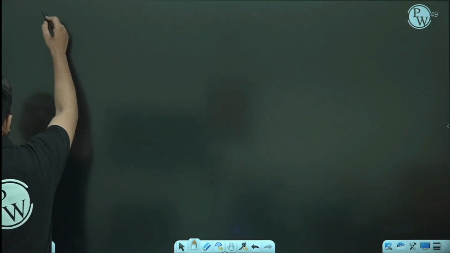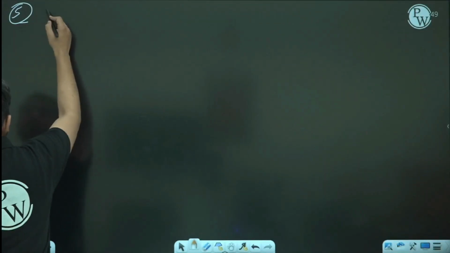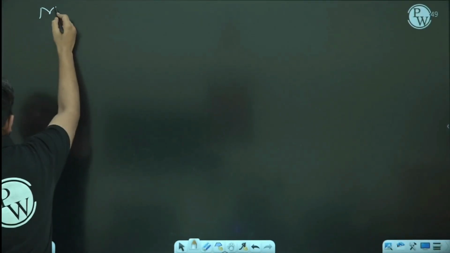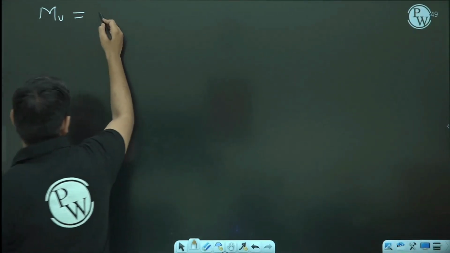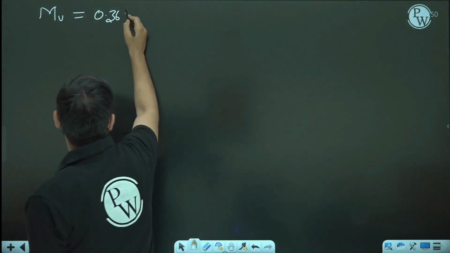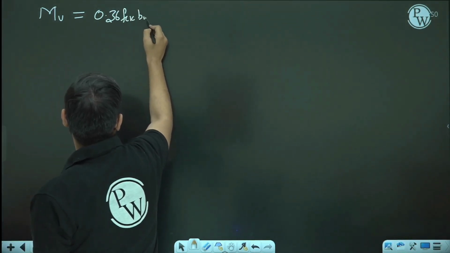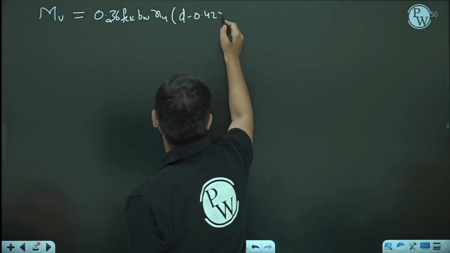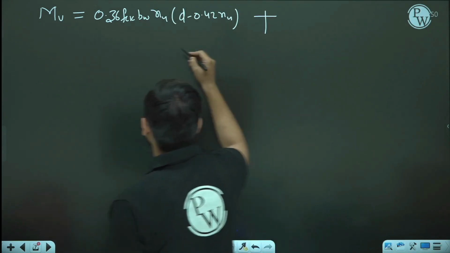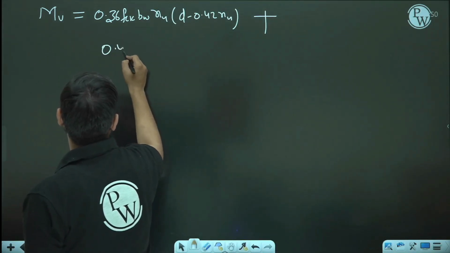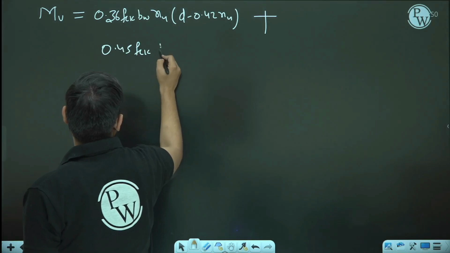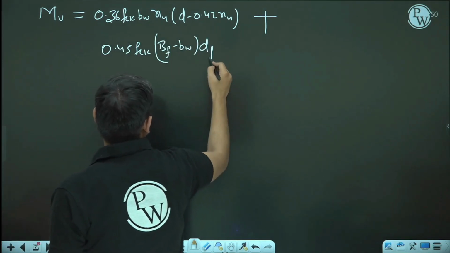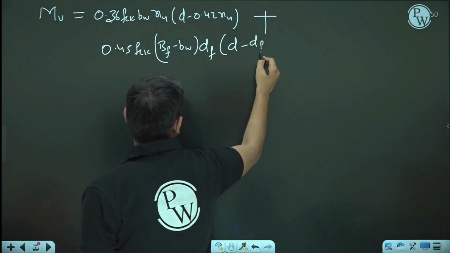Final step, calculation of moment of resistance. Mu is 0.36 FCK BW XU into D minus 0.42 of XU, plus the remaining portion 0.45 FCK BF minus BW DF, and its lever arm is D minus DF by 2.